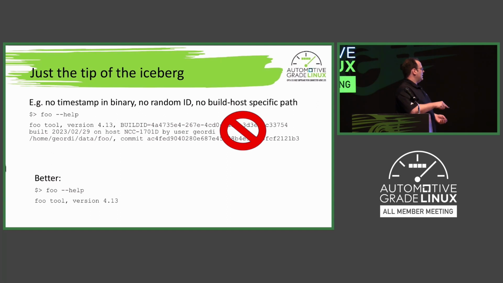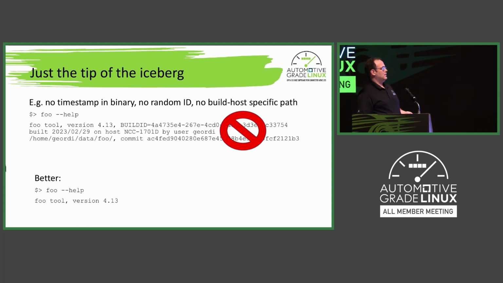In principle, the less, the better. So this is just one aspect. That's more or less an aspect that I, as developer, can influence, right? There are more. So this is just the tip of the iceberg.